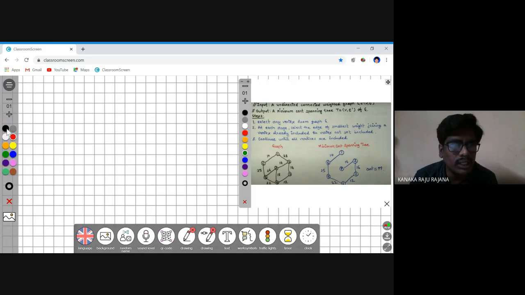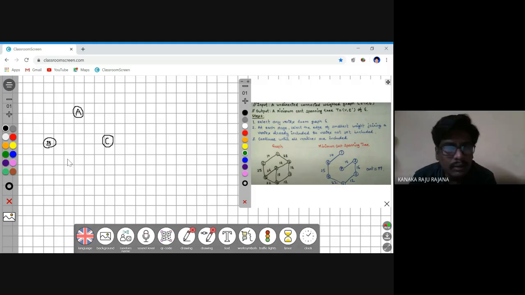Observe this. Let us say this is my vertex named A. And this is my vertex named B. This is my vertex named C. Is my screen visible to you? Please message me. Yes, thank you.